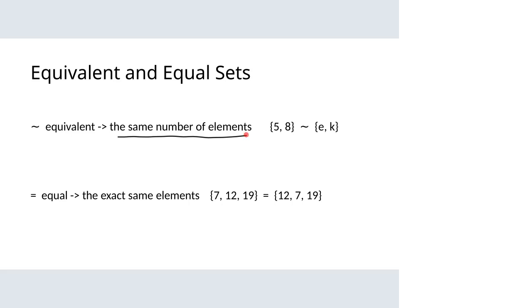So as I look at this set here with 5 and 8 in it, that set contains 2 elements. And then I look at the set to the right of it, EK, that also has 2 elements. Since they have the same number of elements, they are equivalent. So we would say that those 2 sets are equivalent to each other because they have the same number of elements.